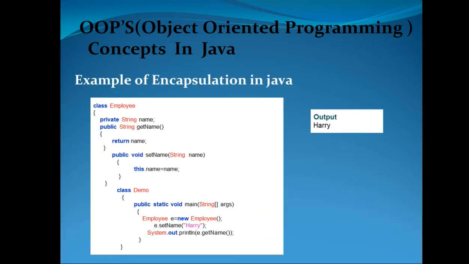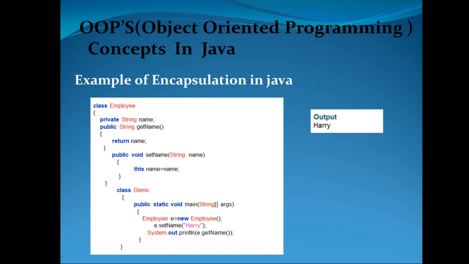So this is the example of encapsulation in Java. Here we have the class Employee, which has a private String variable name, and a public String method getName, whose return value is name. After that we have a public void setName, which takes a String name. Here we use this.name, which refers to the instance variable.